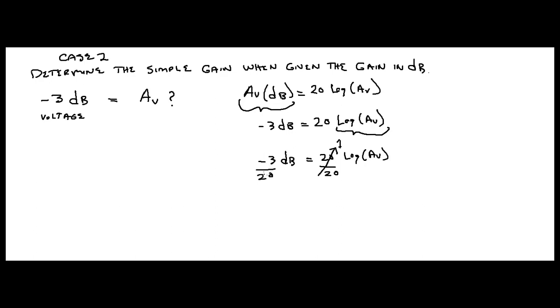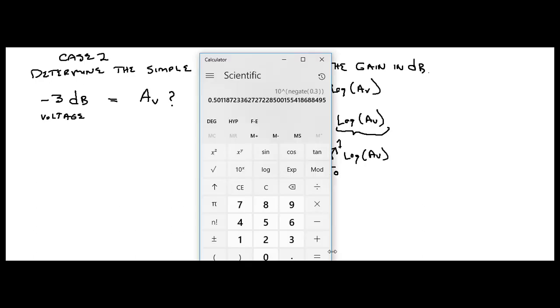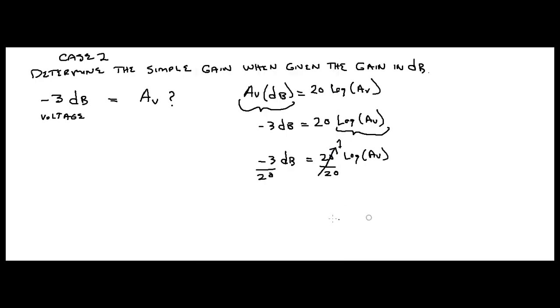Now, -3 over 20. Well, let's just get out our calculator here, shall we? So, where's the clear button? Isn't there a clear button here? Oh, there it is. So we're going to have 3 divided by 20 equals. Now, remember, it's negative, so it's -0.15, all right?